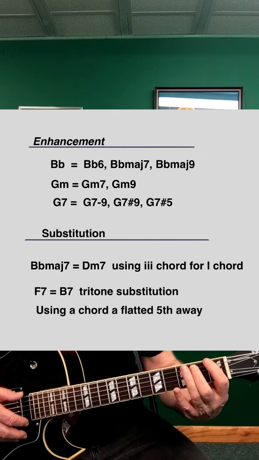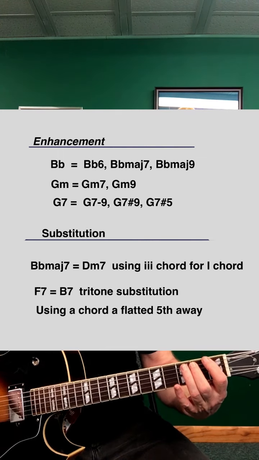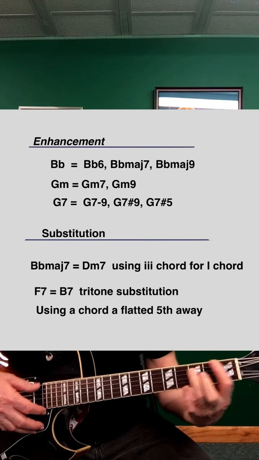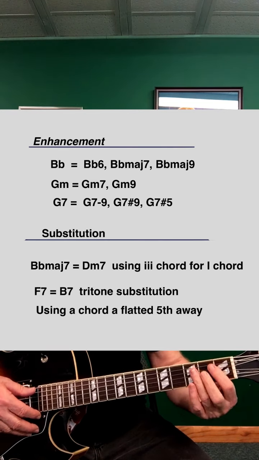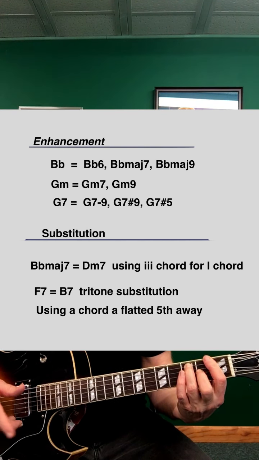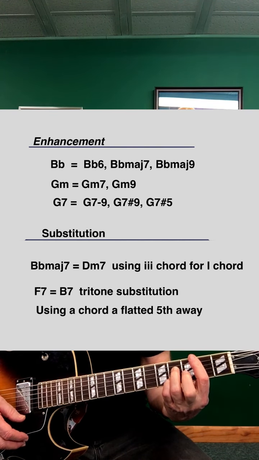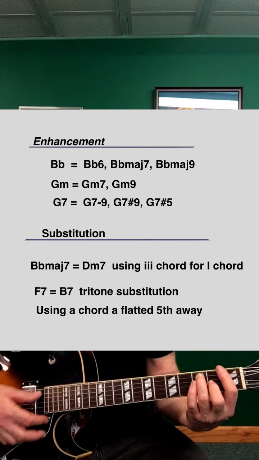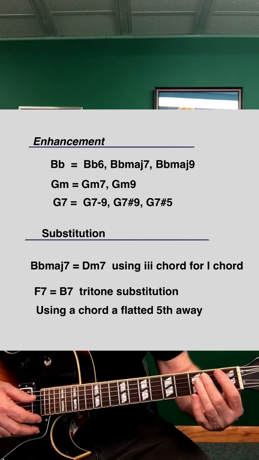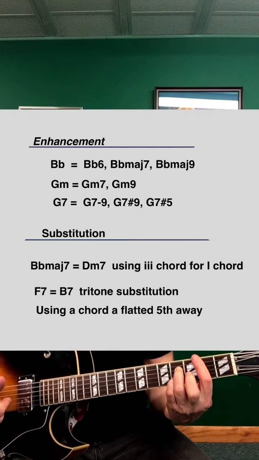The flatted 5th or interval of the devil or whatever, very demonic sound. The flatted 5th. If I took any given 7th chord I can substitute a chord that's a flatted 5th away. For example, if I have an F7, I can see what a flatted 5th away is. It's a B. I can use a B7th there.